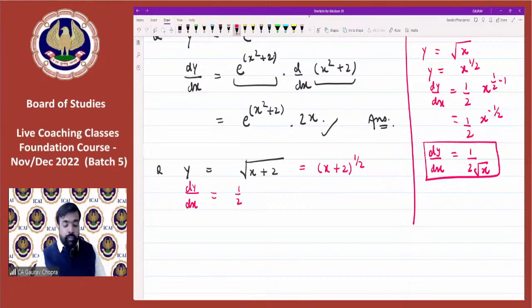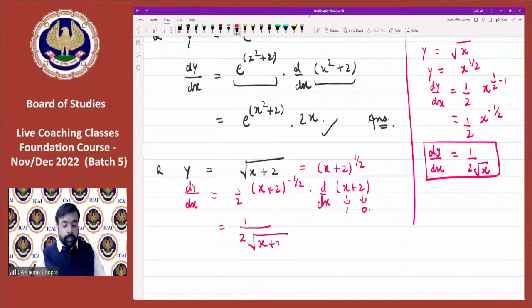So half will come forward and x plus 2 will become to the power of minus half. And then we have to multiply with the derivative of x plus 2. The derivative of x plus 2 is simply 1 because derivative of x is 1 and for 2 it is 0. So the final answer will be 1 upon 2 root x plus 2. This becomes the final answer. So 1 upon 2 root of x plus 2.